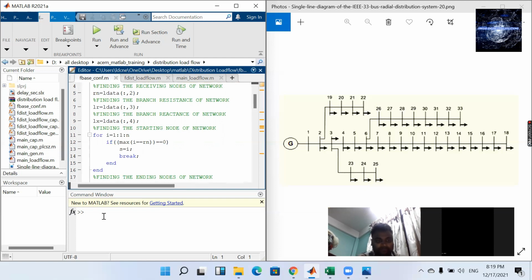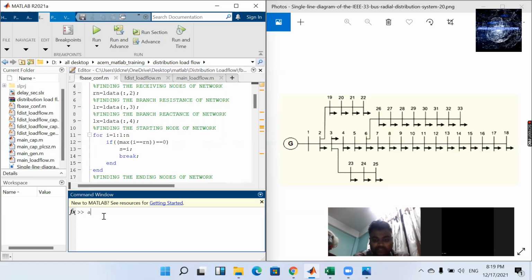For example, let's suppose A equals 1, 2, 3, 4. Now, if I calculate 1 equals A, then what will be the result? That is 1, 0, 0, 0, because 1 is in the first place and the others will not be equal to 1.